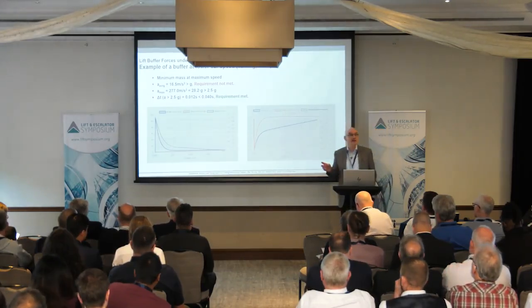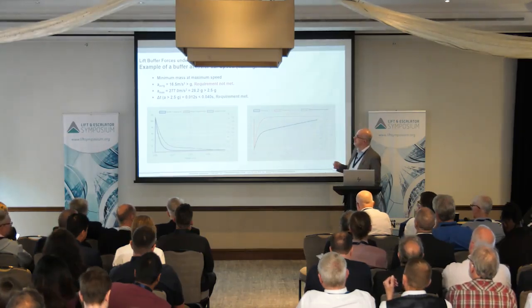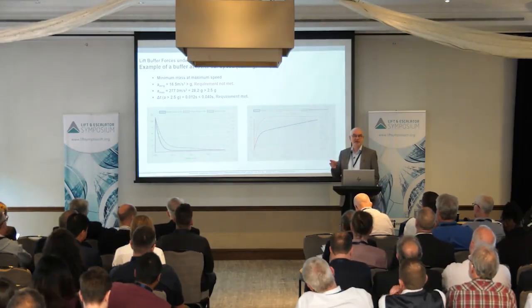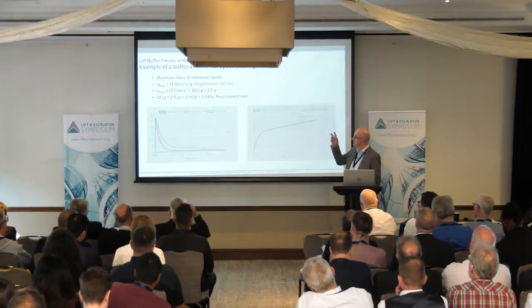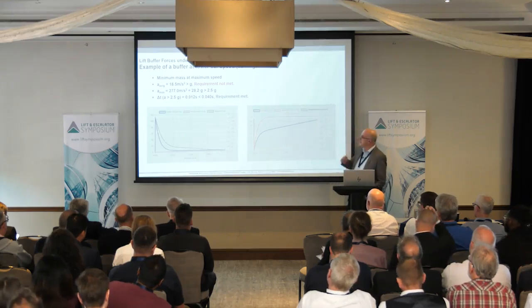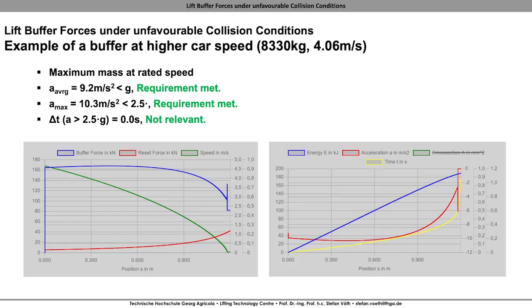So you can say, okay, the average deceleration is not less than 1 g, but the standard only requires it for 115% speed, not this speed. And the high decelerations act for a very short time. Fine. So this is the second case.